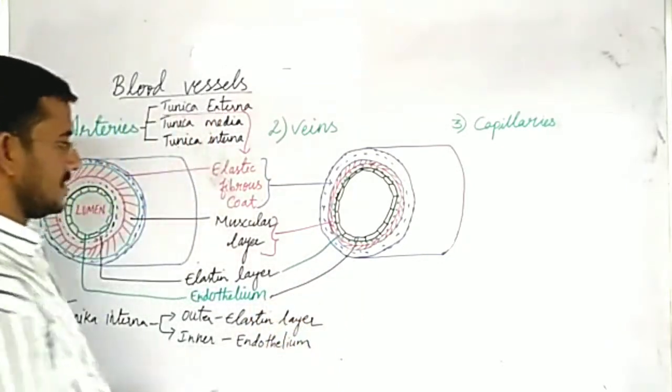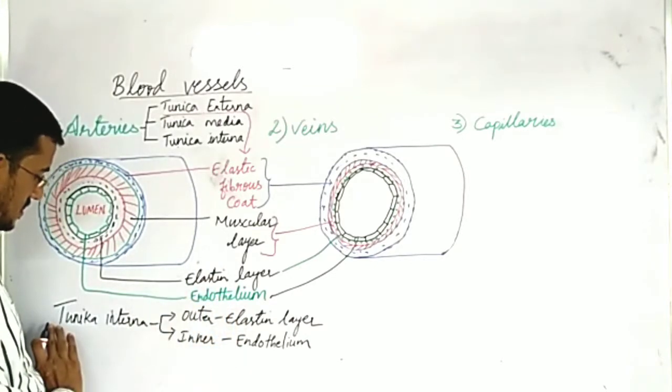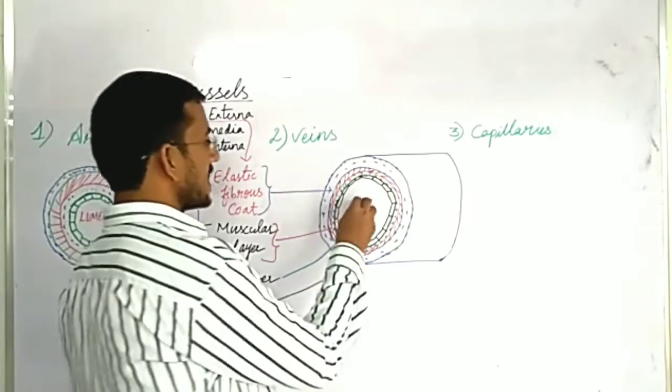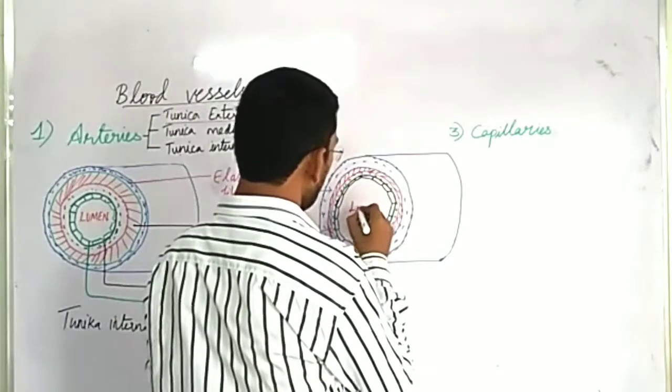Elastin layer and endothelium together comprise tunica interna. The inside space is called lumen.